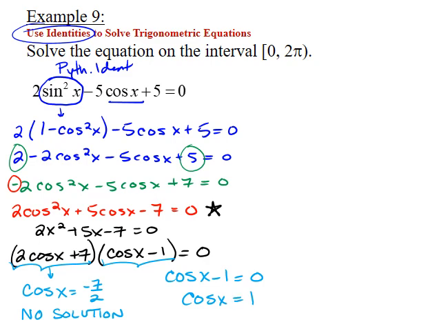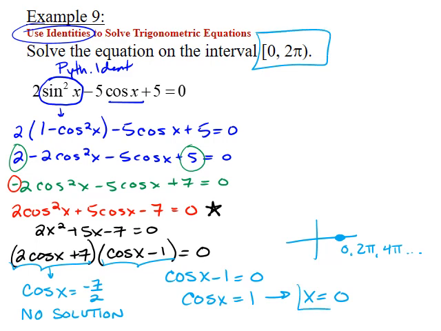That occurs at x equals, so cosine of x is 1 here, at 0, 2 pi, 4 pi, and so on. But because of this interval, only 0 is included. And there's the solution.